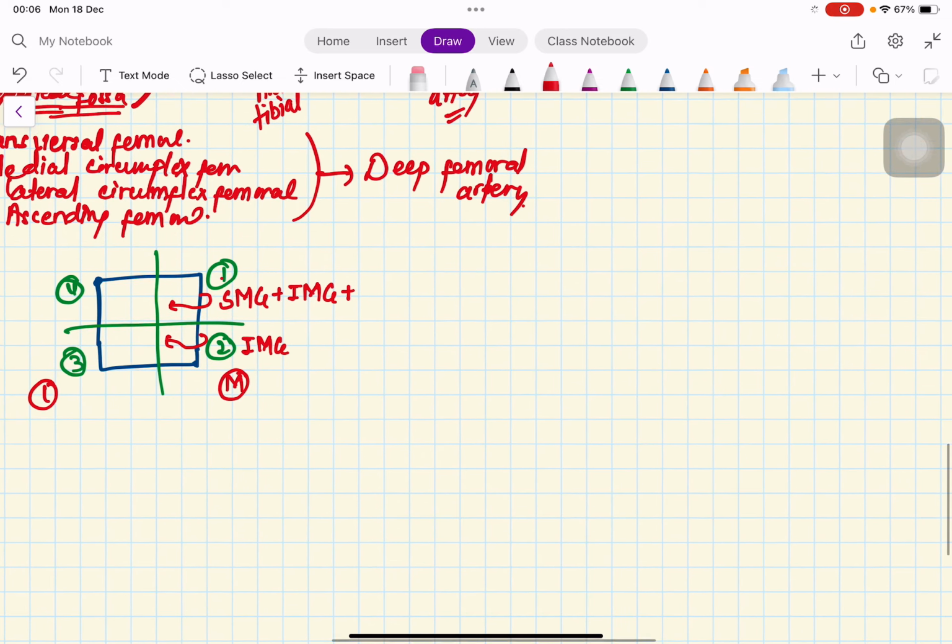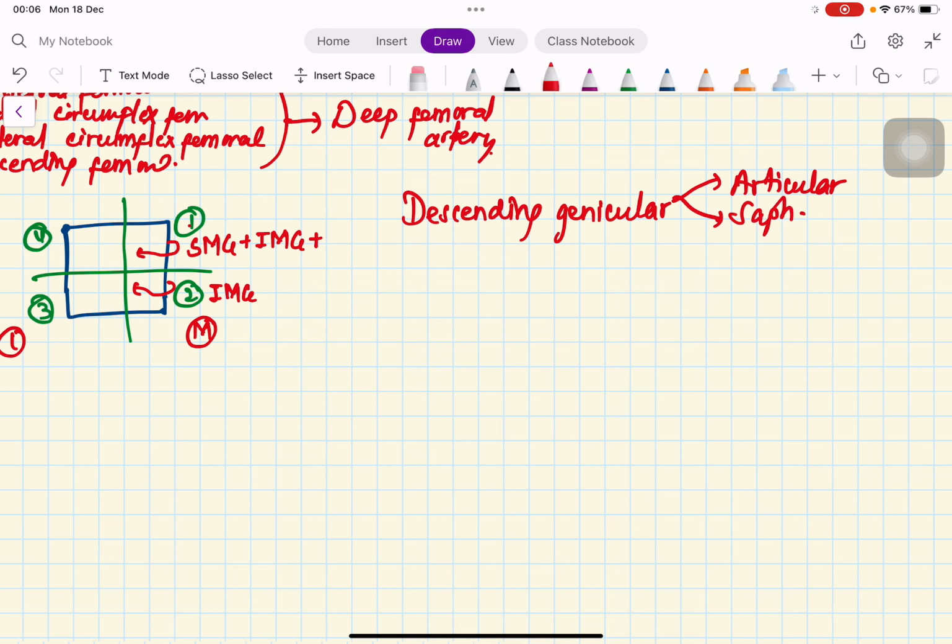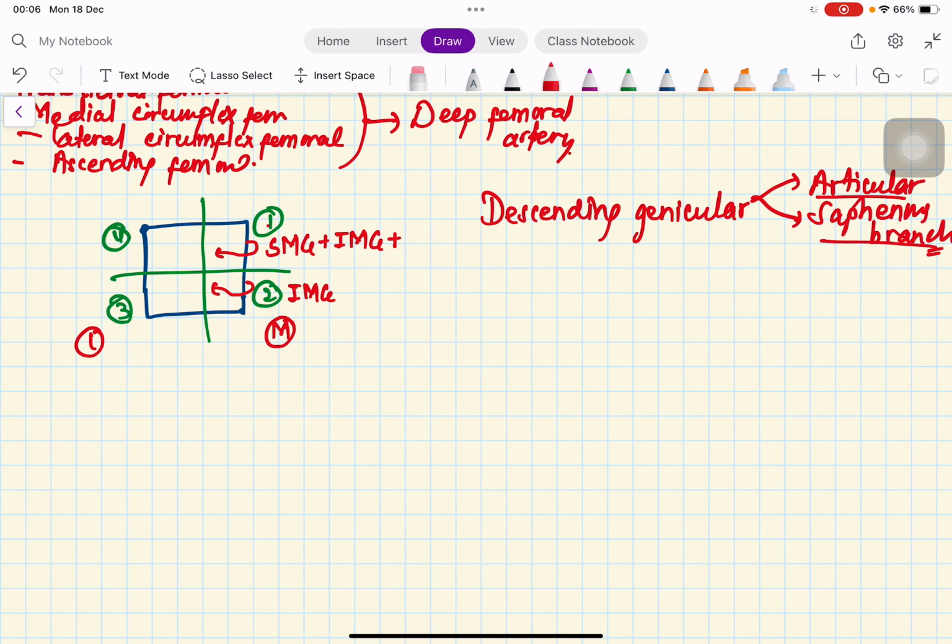Its name is the descending genicular, and it is divided into two parts, the articular branch and the saphenous branch. 1 2, easy.